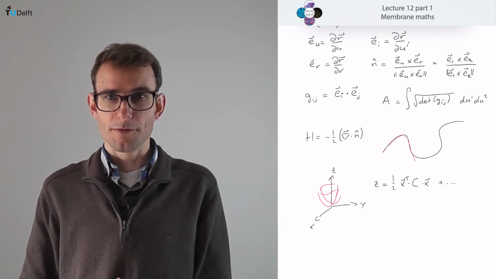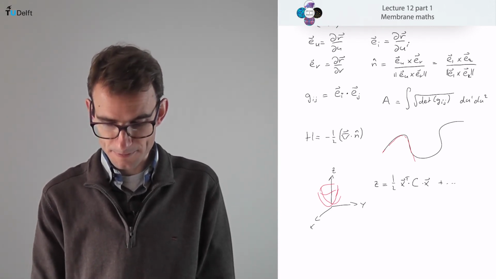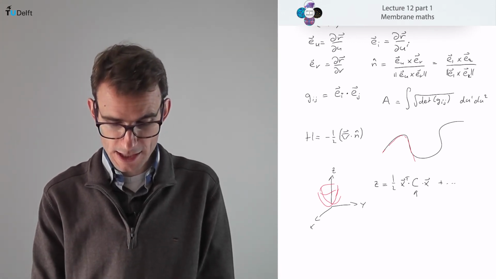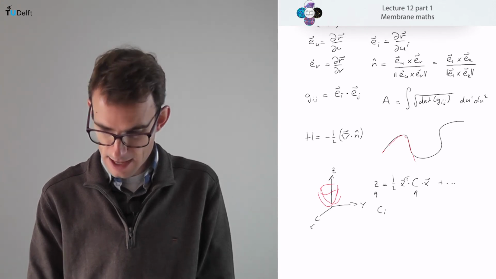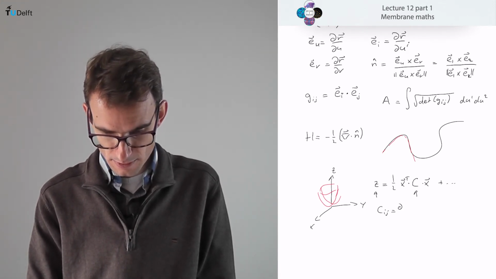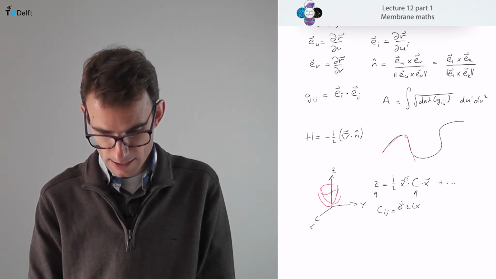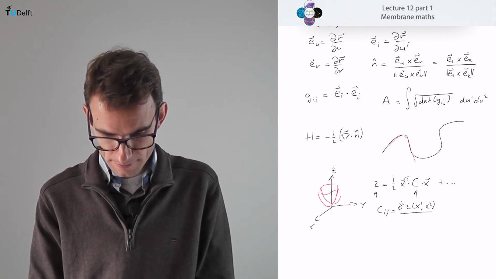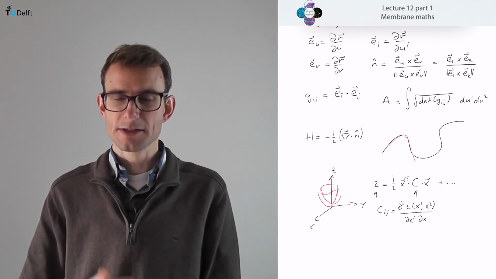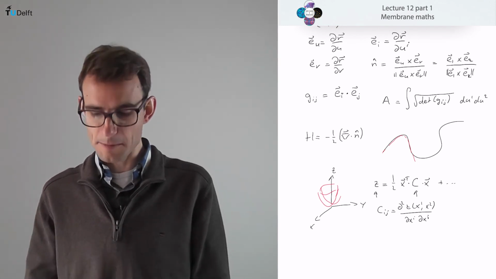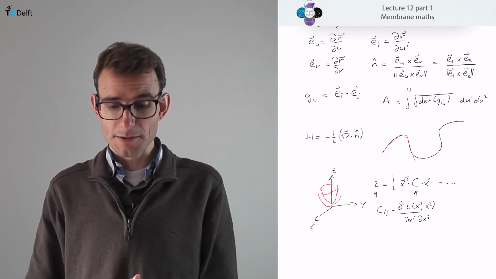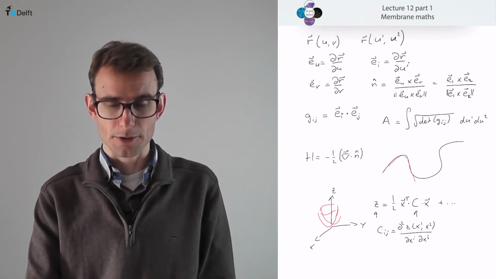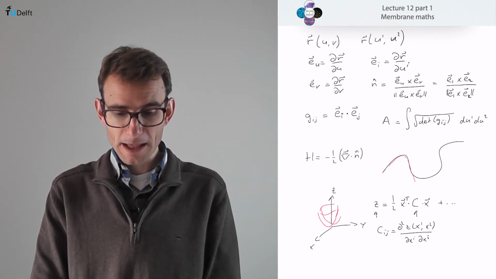And then what are the coefficients of this tensor C? Well, these are simply the second derivatives of this function z. So C_ij is the second derivative of this function z of x1 and x2, or x and y: the second derivative to x, second derivative to y, and the mixed second derivatives. Or if I want to express this not in terms of z and x and y, but in terms of this vector r that we had before, this is pretty easy.